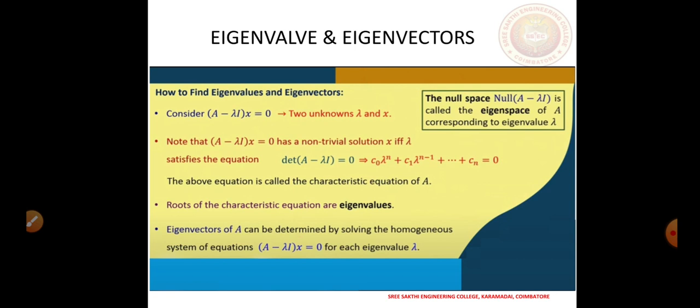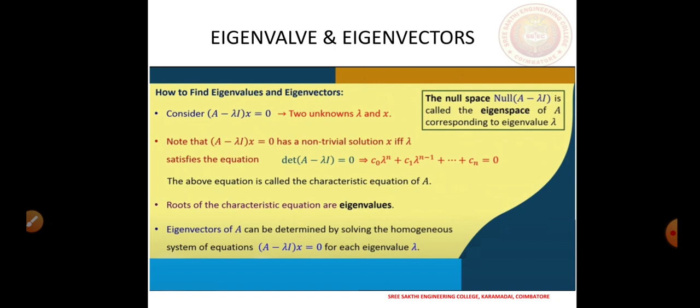When we expand this determinant, it is nothing but a polynomial equation: c0 lambda power n plus c1 lambda power n minus 1, and so on. These are all coefficients, and naturally they are given when A is given. So we have this polynomial equation, and then we solve this equation to get the lambdas.